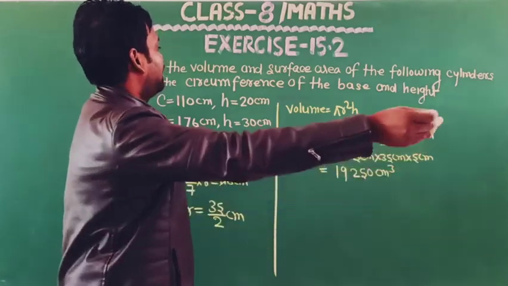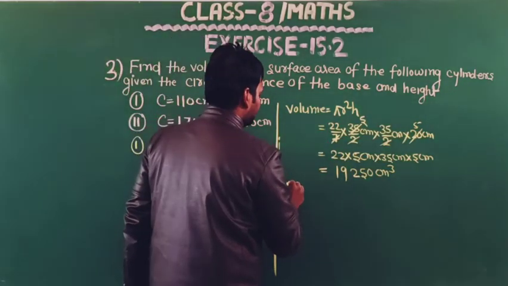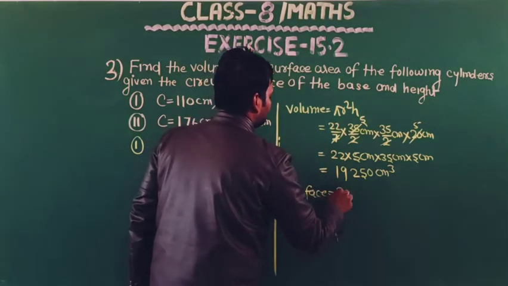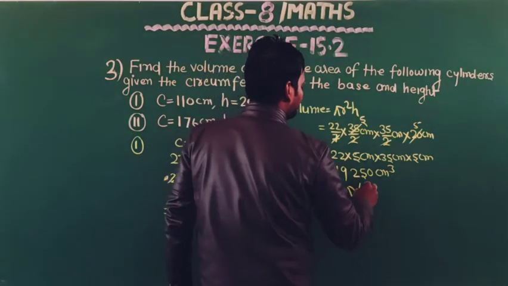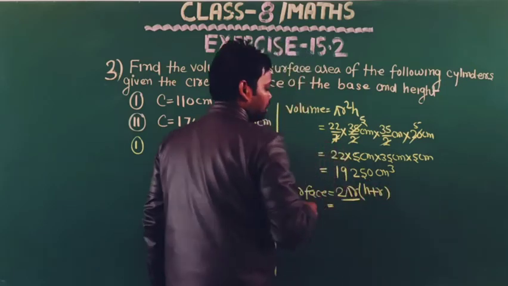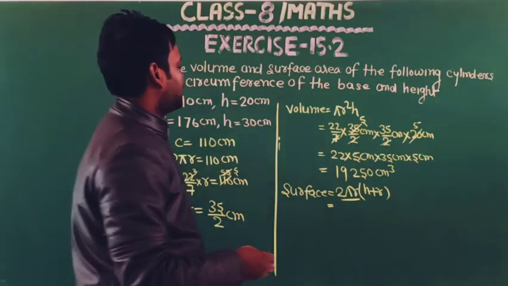Okay, and also asked to find surface area. So surface area equal to 2 pi r into h plus r. Directly here we can substitute the value of 2 pi r, which is equal to 110.